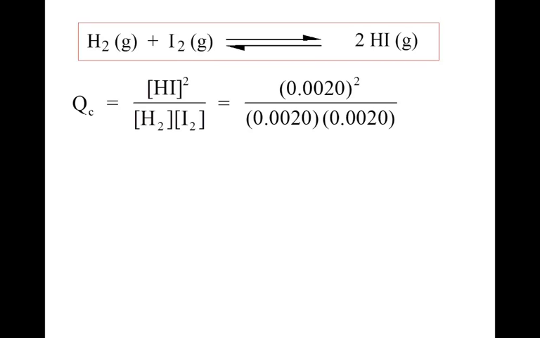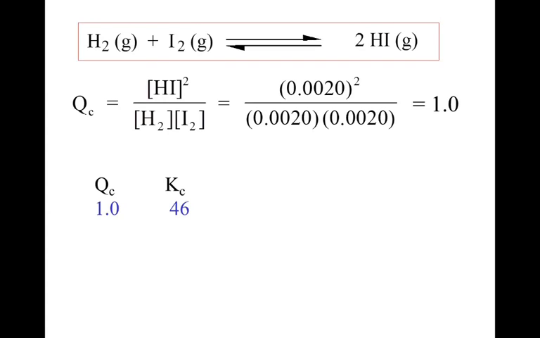Now, I missed it. On the previous slide, did it tell us what our Kc was? What was it? 46. Ah, so we're coming in on the low side. So the fact that 1 is less than 46 means we need to go which direction? It's too small, so more products.